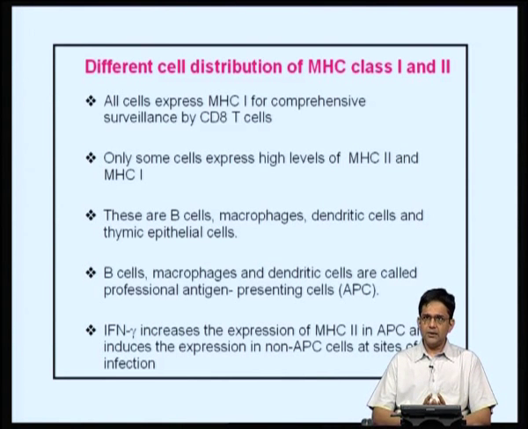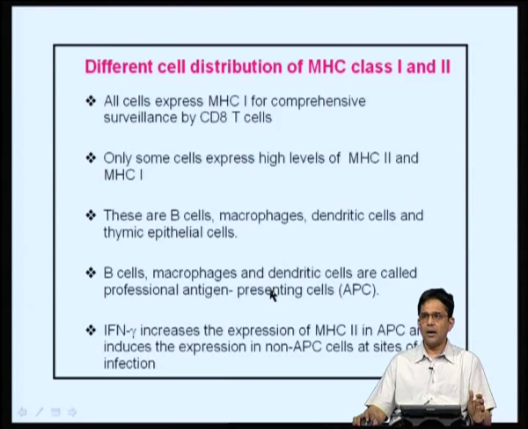Now, one of the other differences, and this is actually an important difference between MHC class 1 and MHC class 2, is that almost most cells express MHC class 1. However, MHC class 2 expression is restricted, which is present on APCs, on antigen presenting cells. And these are B cells, macrophages, dendritic cells, thymic epithelial cells, and so on.